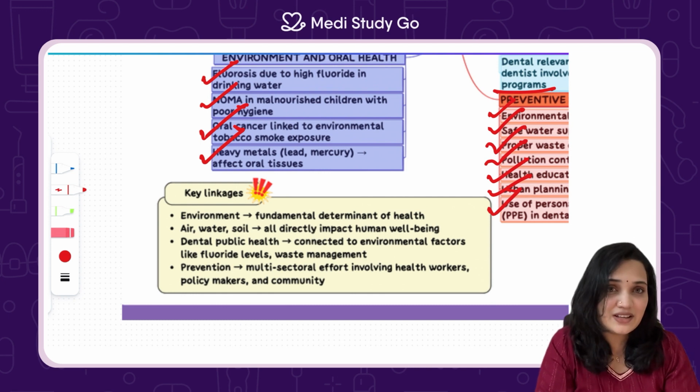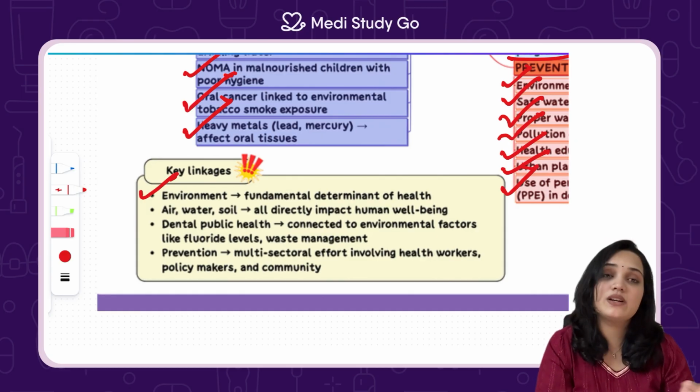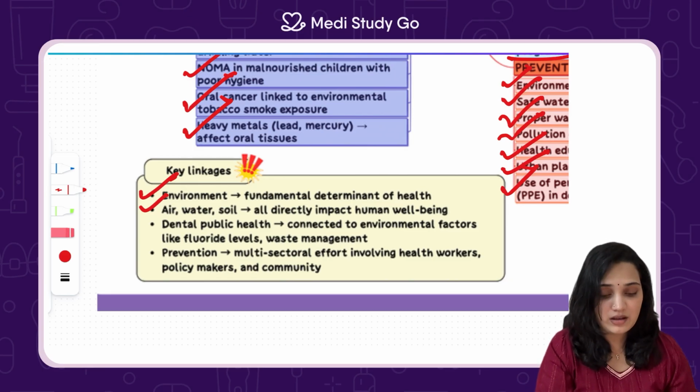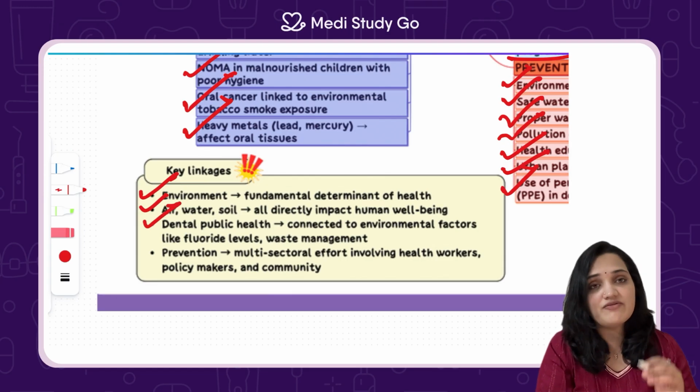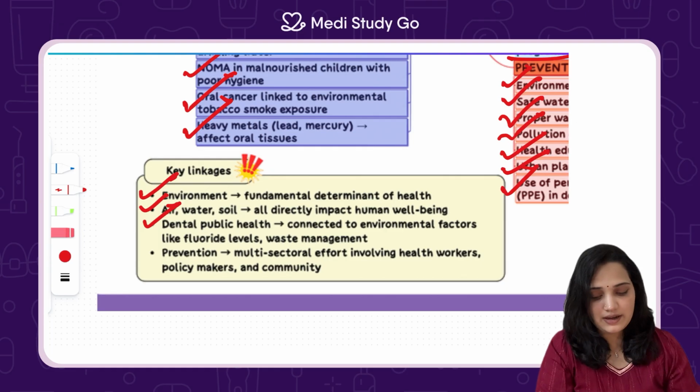Let's see the key linkages now. Firstly, environment. We have understood that it is a fundamental determinant of health. Air, water, soil, everything around us are all directly impacting human well-being. And dental public health is very much affected by environmental factors like the fluoride level and the waste management that happens.